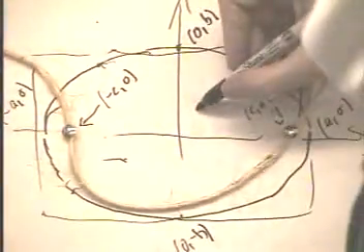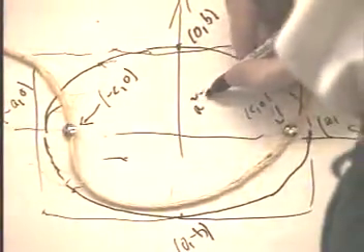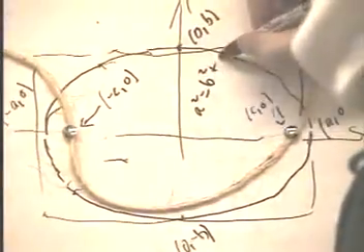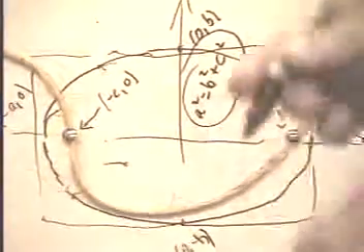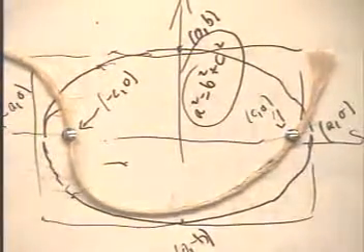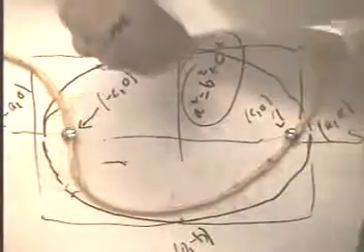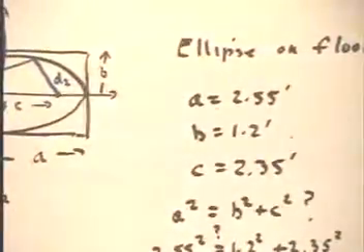We should have a squared equals b squared plus c squared. You can check out and see whether we do. And you can, of course, draw your own ellipse and make your own measurements and validate this for yourself.